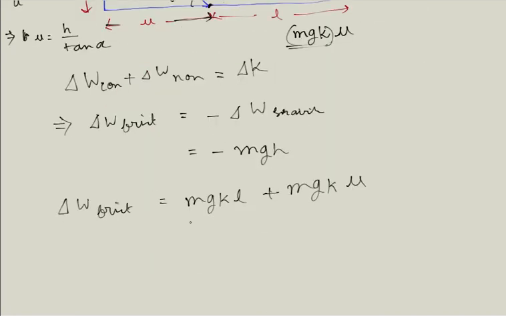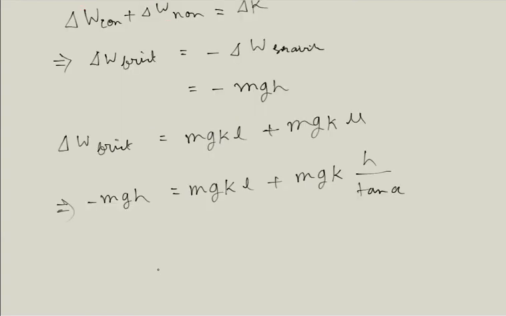So we will substitute mgkl plus mgk times h by tan alpha, and the work done by frictional force from this equation is minus of mgh. So we can solve these equations for h. We will get that. So the expression for h in terms of the known quantities is this one.